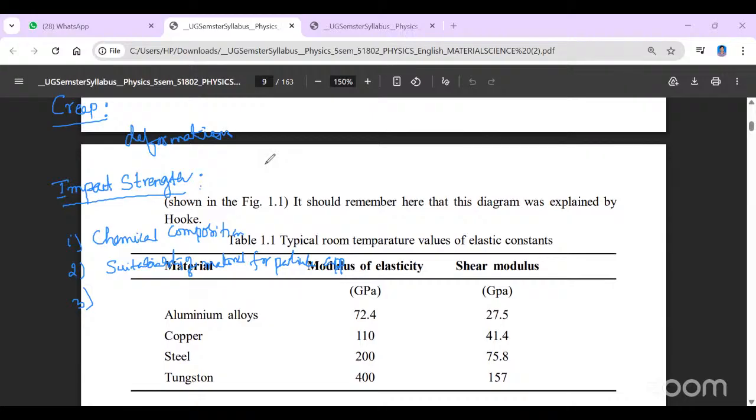Then the materials which have been chosen, they'll check the ductility of that material, as well as the toughness, as well as the malleability, etc. They'll check these fundamental properties whenever they choose a certain material for any engineering application.